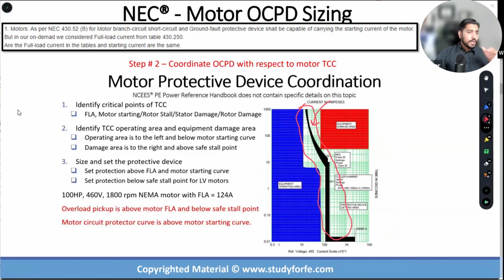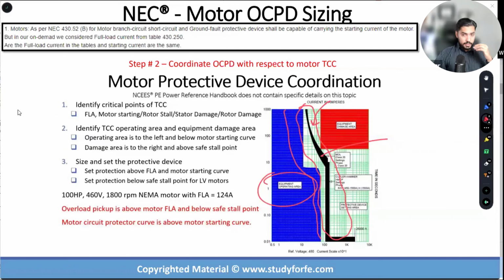Because the equipment operating area is to the left of the starting curve, it never goes to the right of the starting curve. If we have the TCC of the protective device doing something like this, then it is going to result in nuisance tripping. Are you guys following me over here? And this black graph that you see is going to prevent the motor from getting damaged. Is that clear, guys?